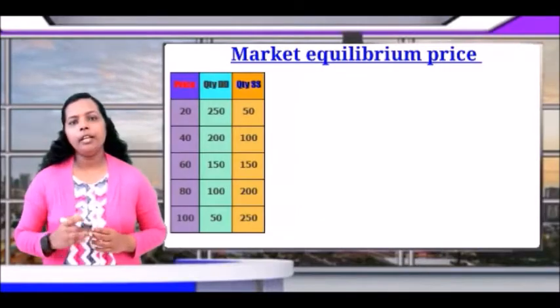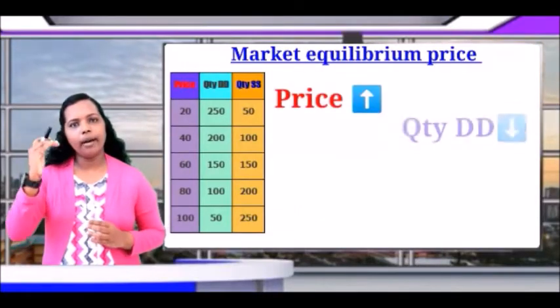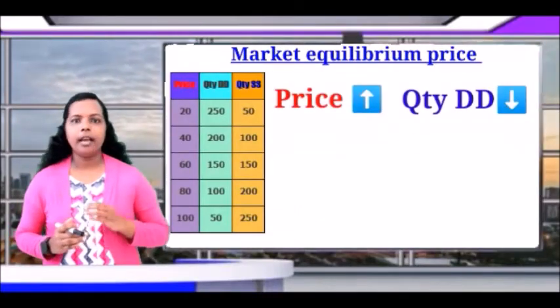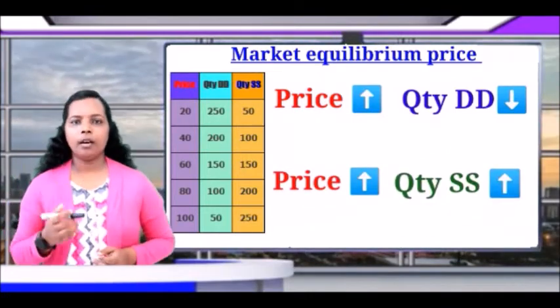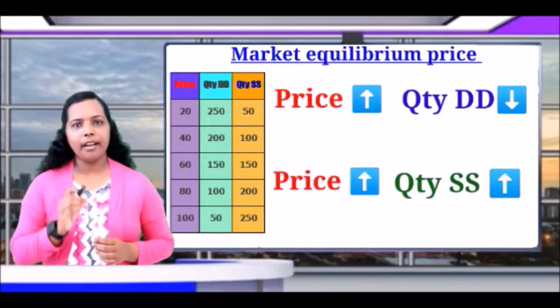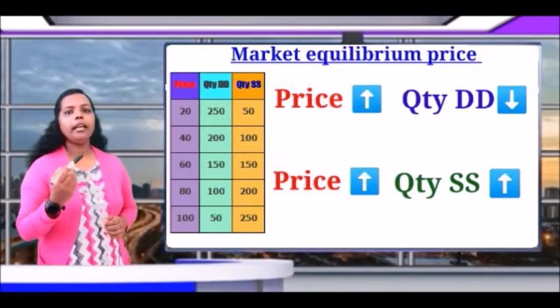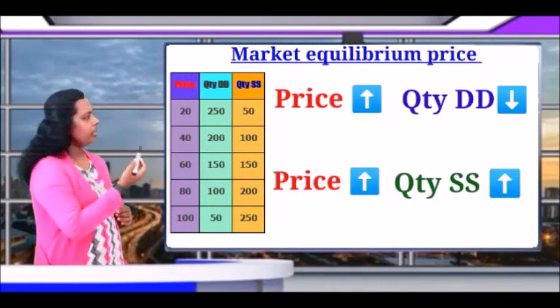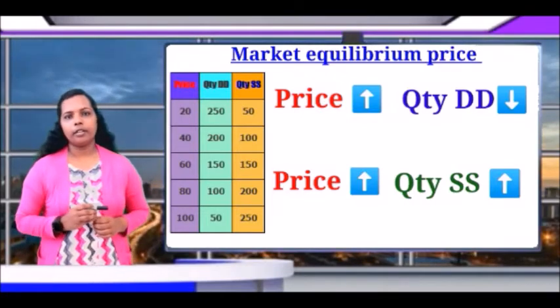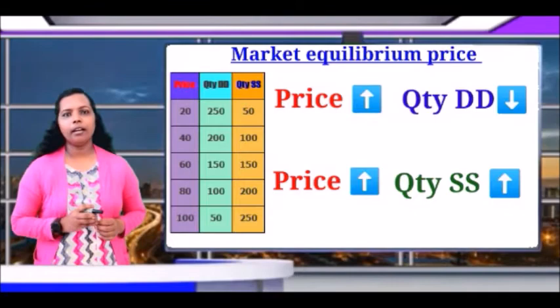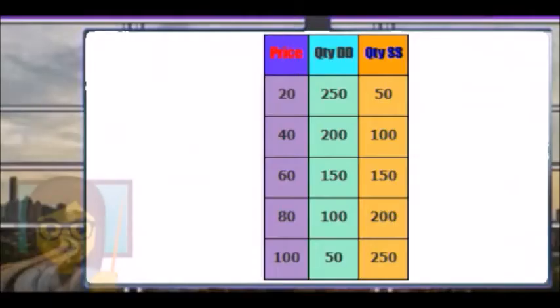As we know, when the price increases, the quantity demanded will decrease and the quantity supplied will increase. Now, I am going to give you a small task. Can you find a price where demand and supply are equal? 30 seconds are allotted to you. You can find the answer within 30 seconds.